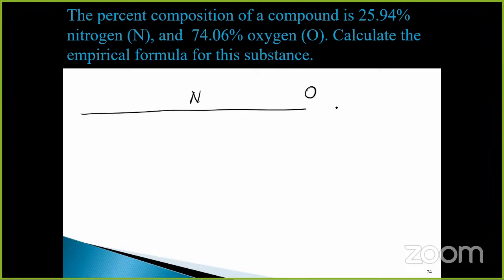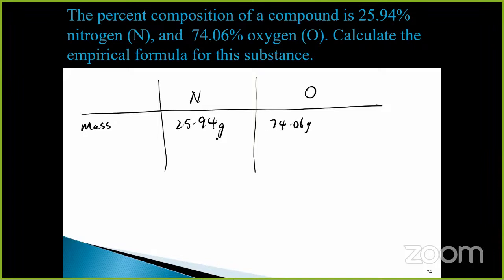So we're going to take the same approach, construct a table. And again, we're going to assume 100 grams. So that means that the mass of nitrogen would be the same as the percentage, which is 25.94 grams. And the mass of oxygen is going to be 74.06 grams. And then as we did before, we're going to calculate the moles.